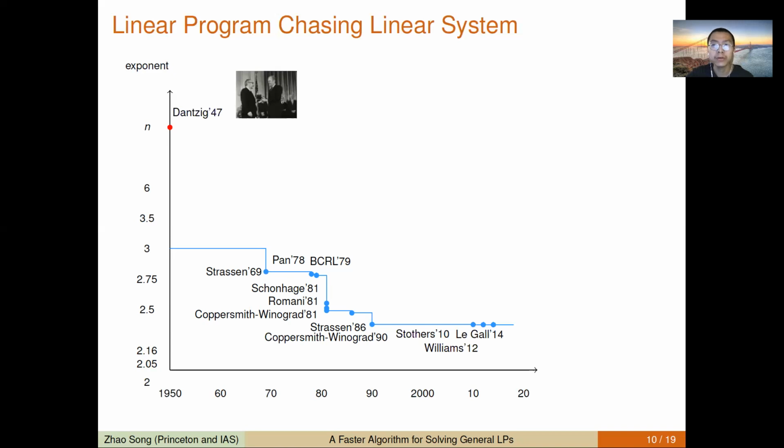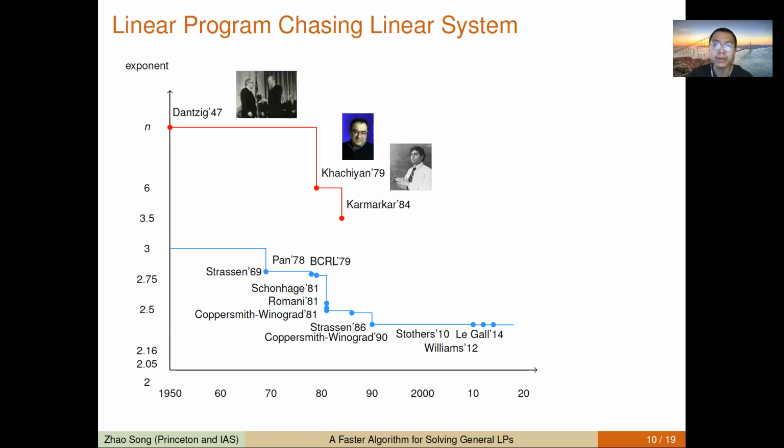Now let me briefly remind you of the running time and the history of solving linear programs. At the beginning, solving linear programs took exponential time, due to Dantzig's algorithm. Khachiyan gave the first algorithm that can solve LP in polynomial time. Then Karmarkar improved it to n^3.5, and Renegar and Vaidya improved it to n^3. And Vaidya, in 1989, improved it to n^2.5.